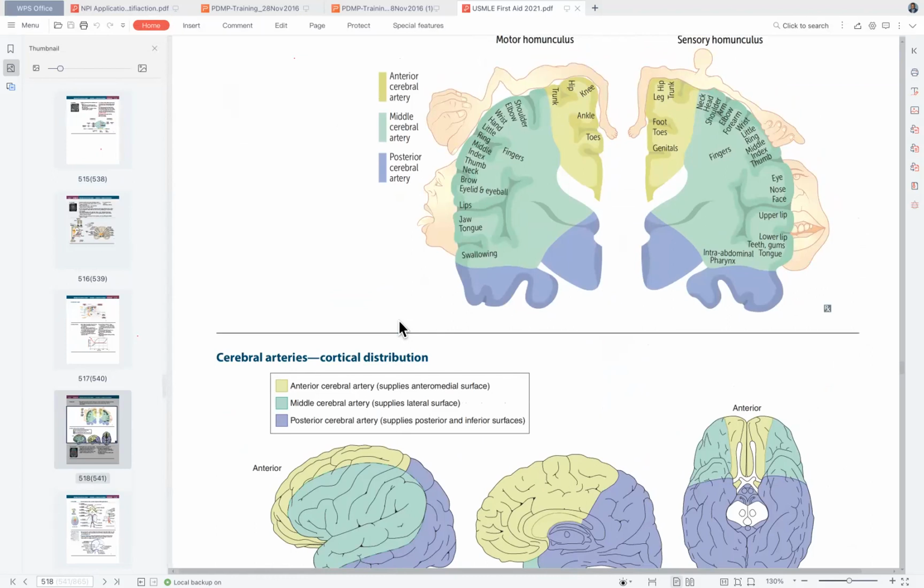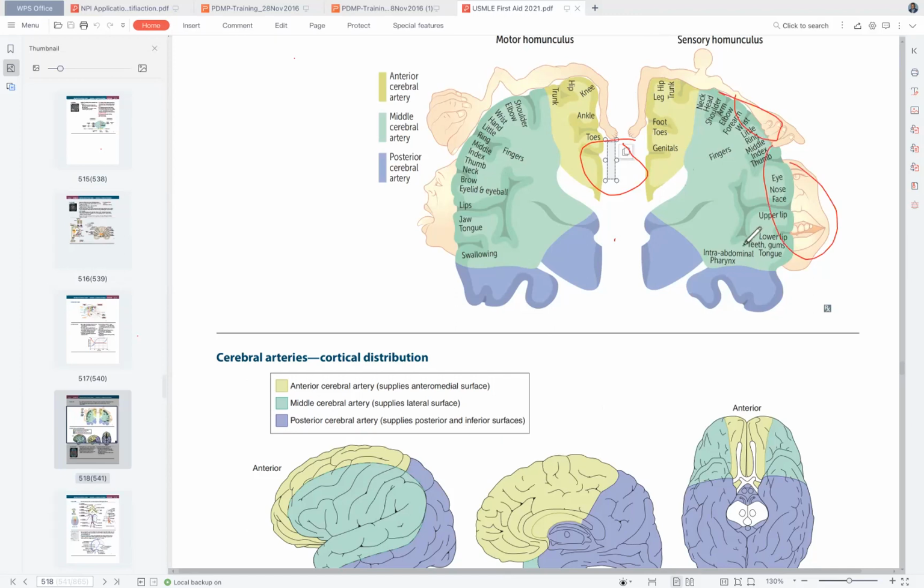This person is lying with the legs around the corpus callosum, where both hemispheres meet. So the legs are here, in the middle of the brain where they meet. And then when we come towards the side, the arms are there, and then the face is there.